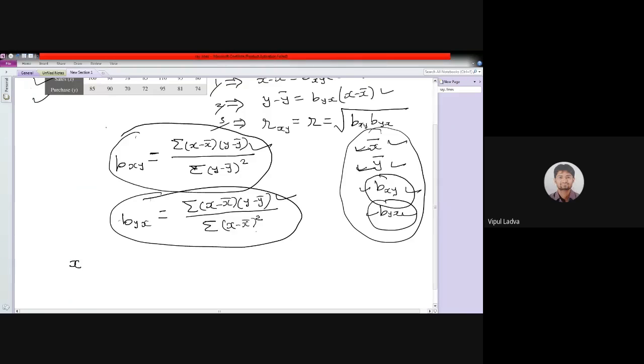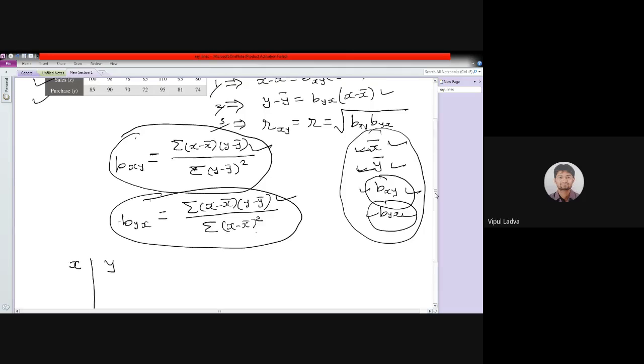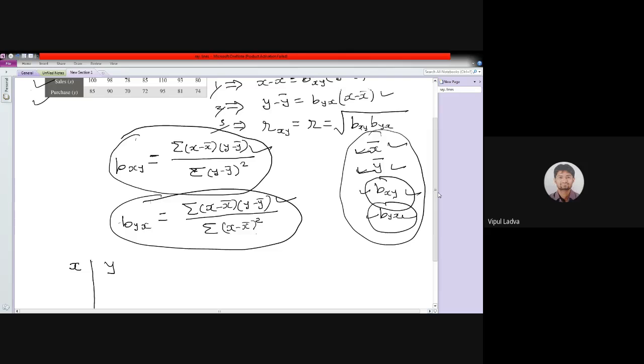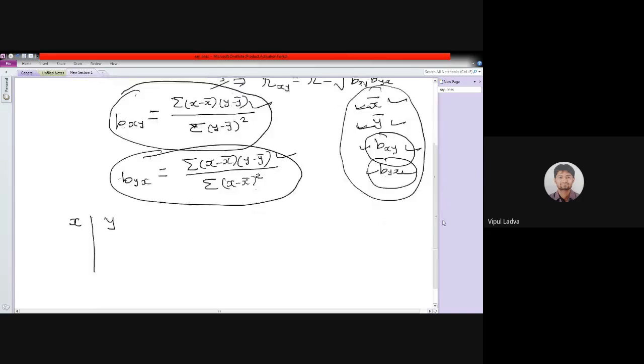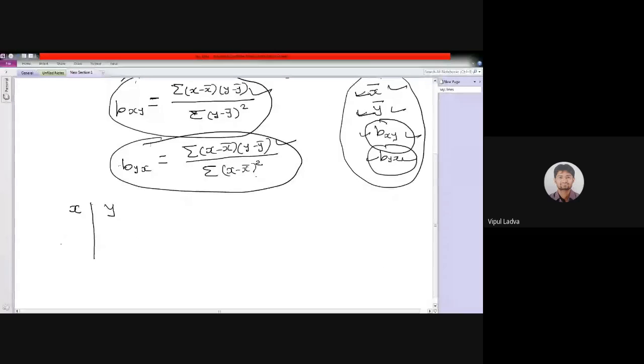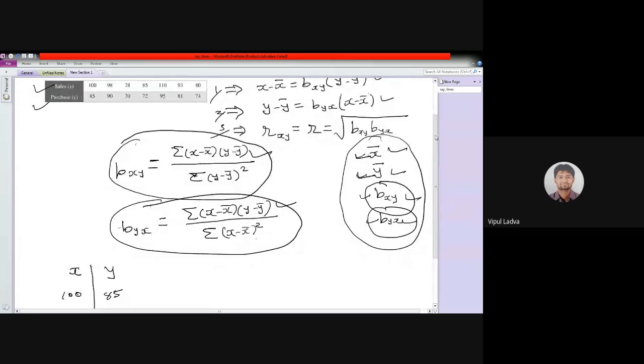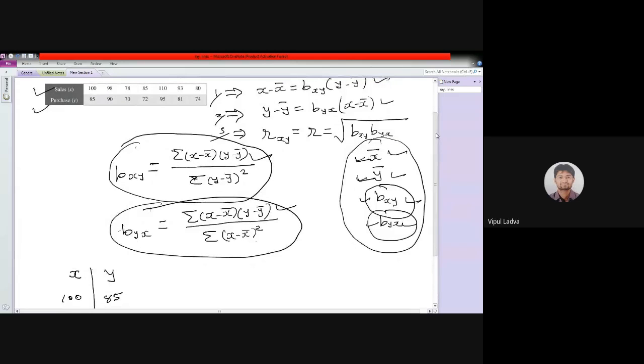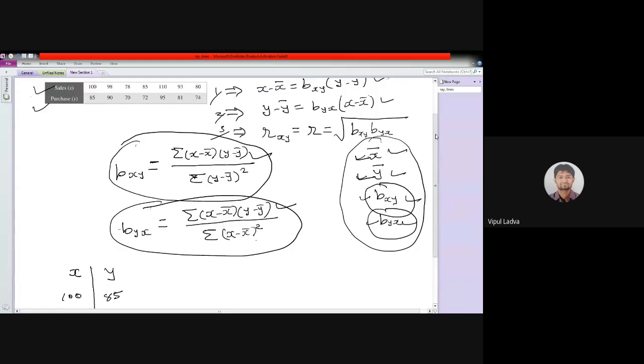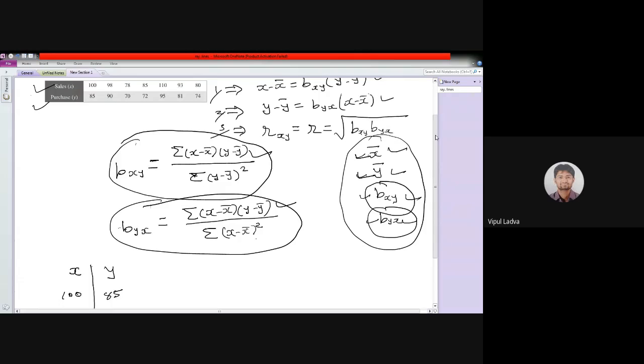So I'm going to represent the same data in a table. We'll start with x, y, then x bar, y bar. x: 85, 100, 98, 90, 78, 70, 85, 72, 110, 95, 93, 81, 80, and 74. One of you will help me, then it will be good for me. कोई एक व्हाट्सएप में से मुझे लिखवा दो जल्दी से, मोहम्मद.